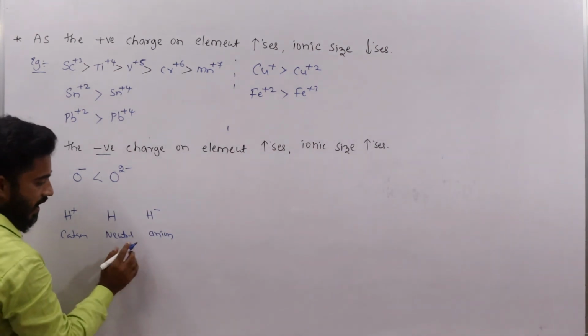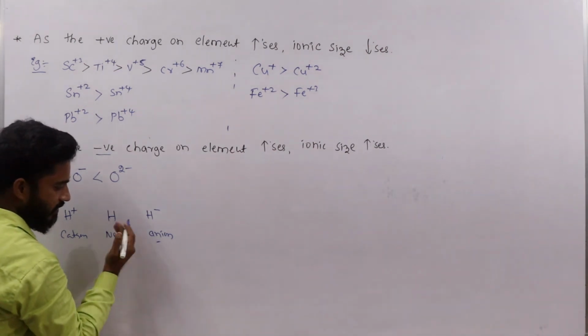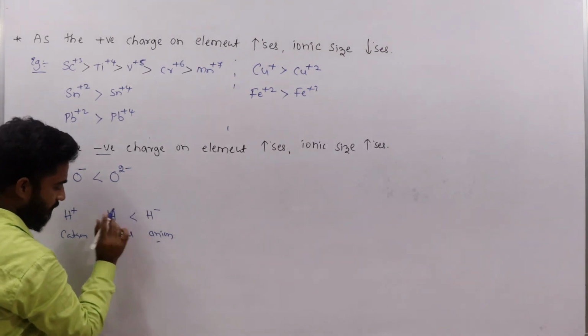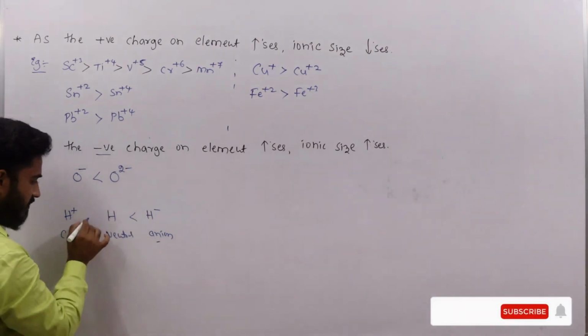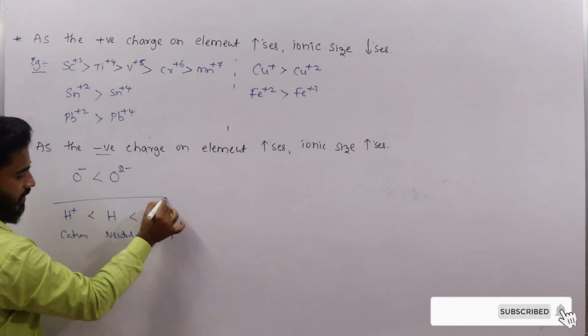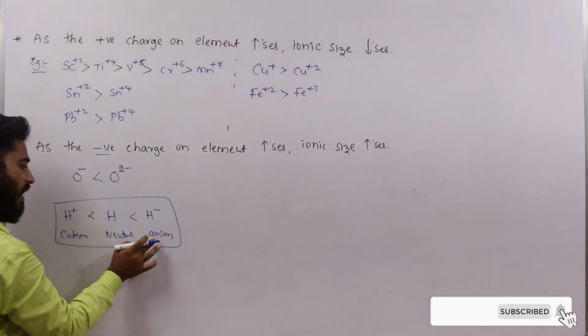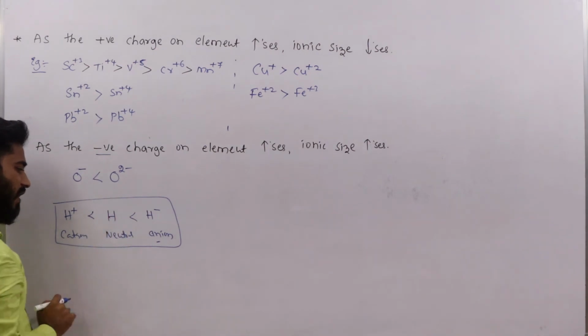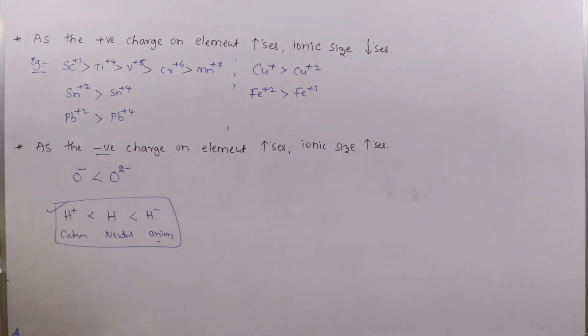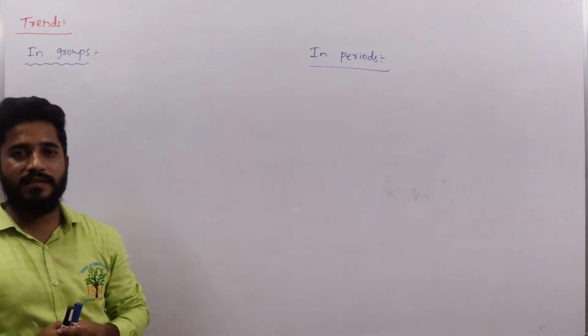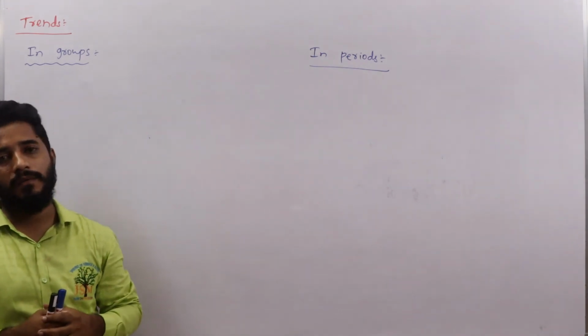Already we discussed that an anion is more in size compared to the neutral, and a cation is less in size than the neutral. Remember this, very important.